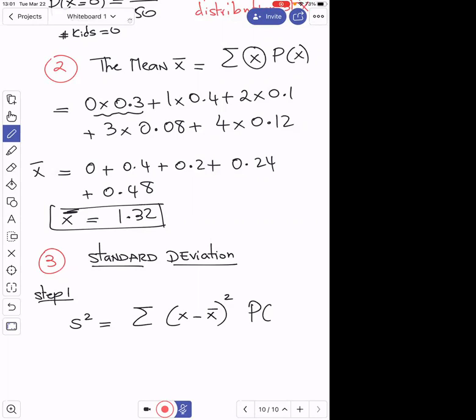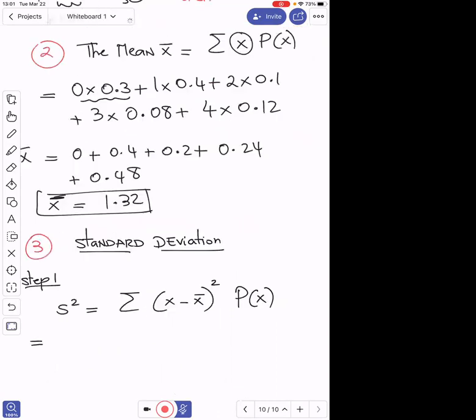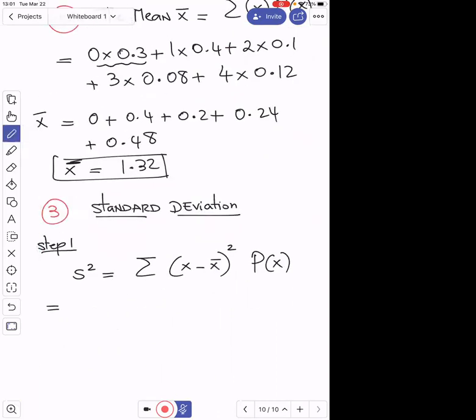So the first value of X is 0, right? That's the first value of X. So it's 0 minus X bar.